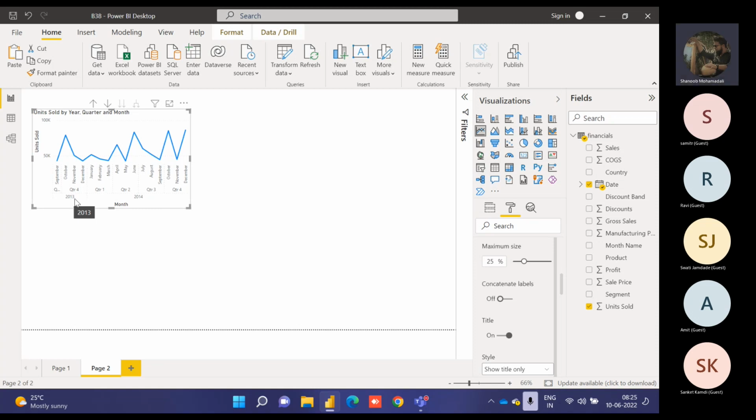Concatenate labels combines the first level, second level, third level, whatever level you are at. From the first level, it goes on combining the categories and then gives you the results. So if you want a hierarchy kind of label built in, you can disable concatenate labels so that it will not combine the values.